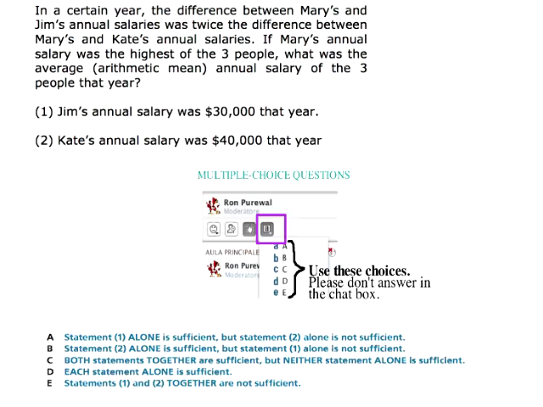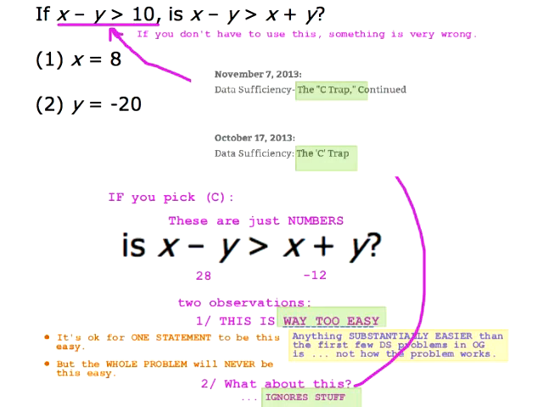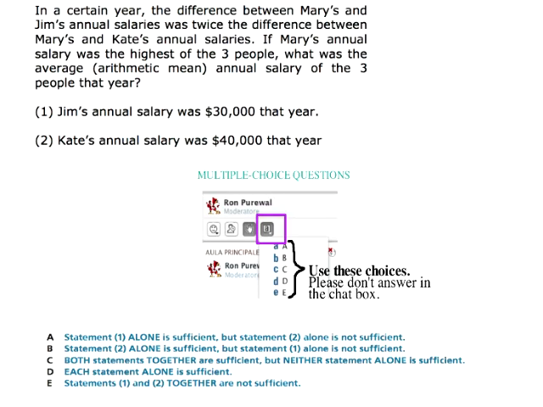But let's go back to this problem that we saw. Where was it? This one. Remember, if you are doing something that is way too easy and you are ignoring stuff, then you're wrong. Way too easy. Ignoring stuff. Ladies and gentlemen, if you're picking answer C to this problem, don't do that.